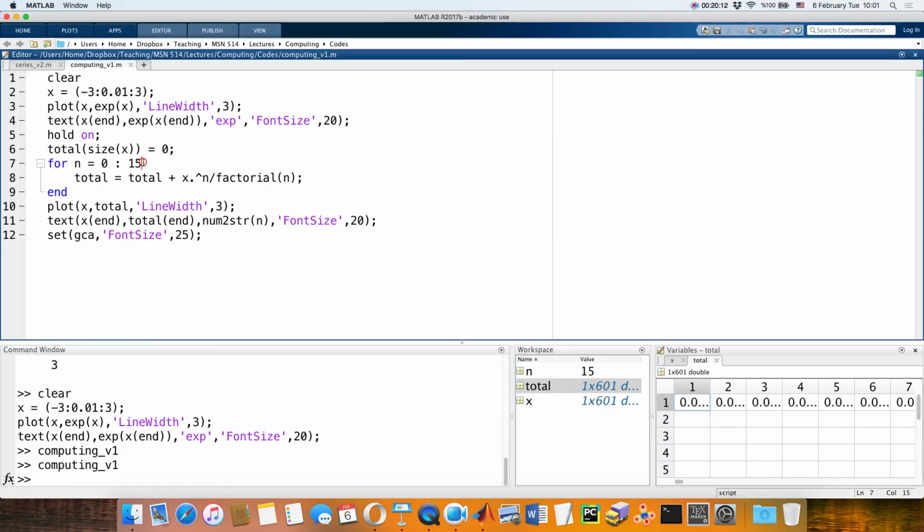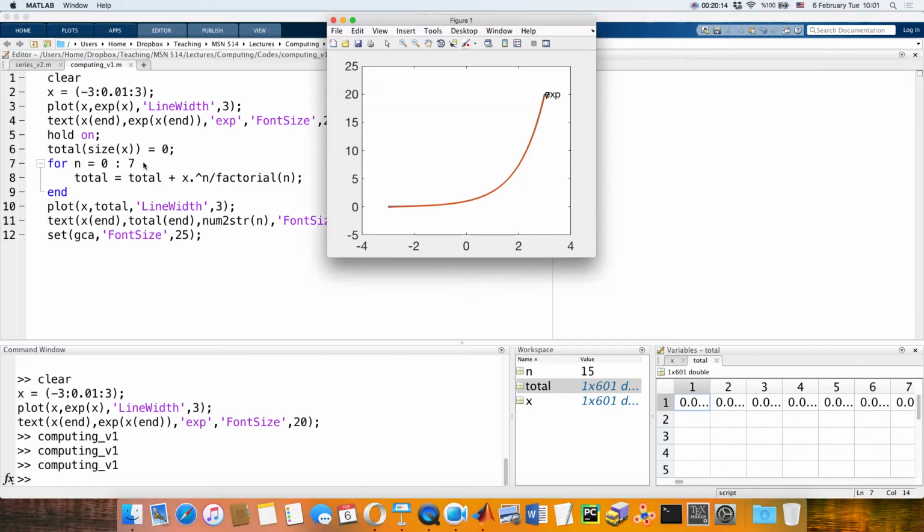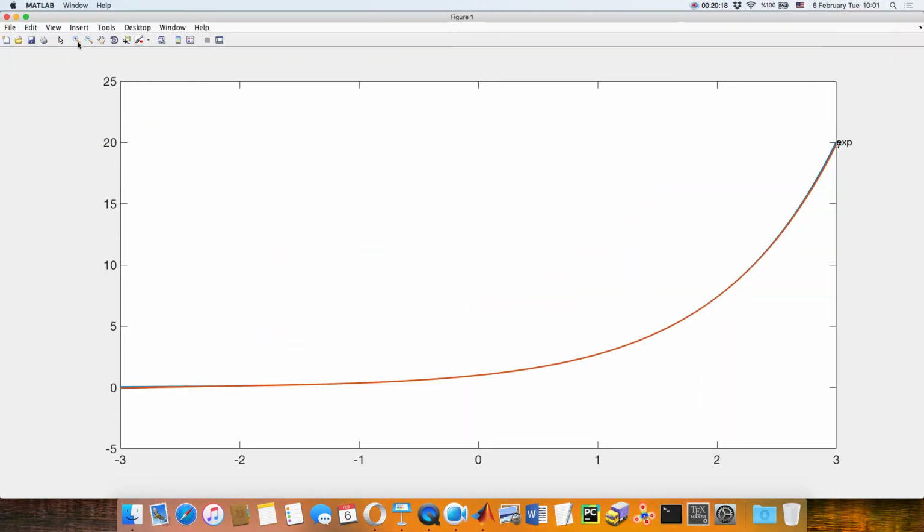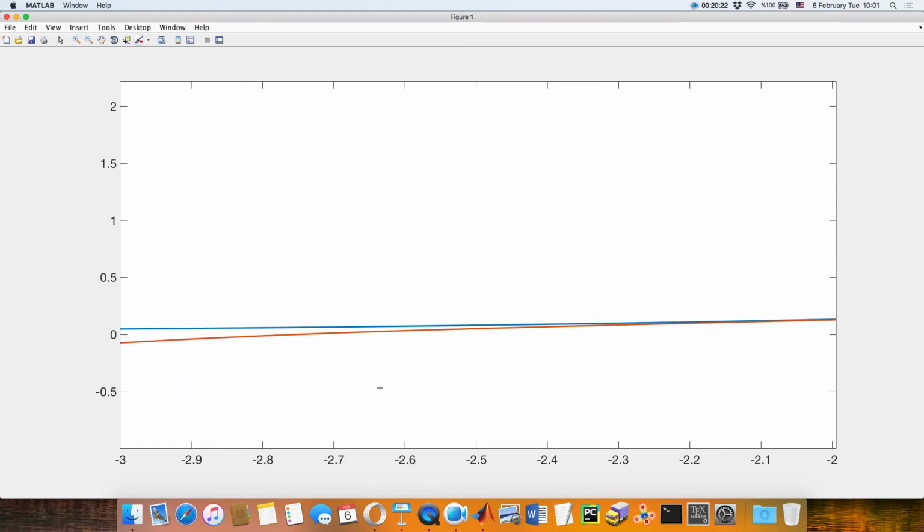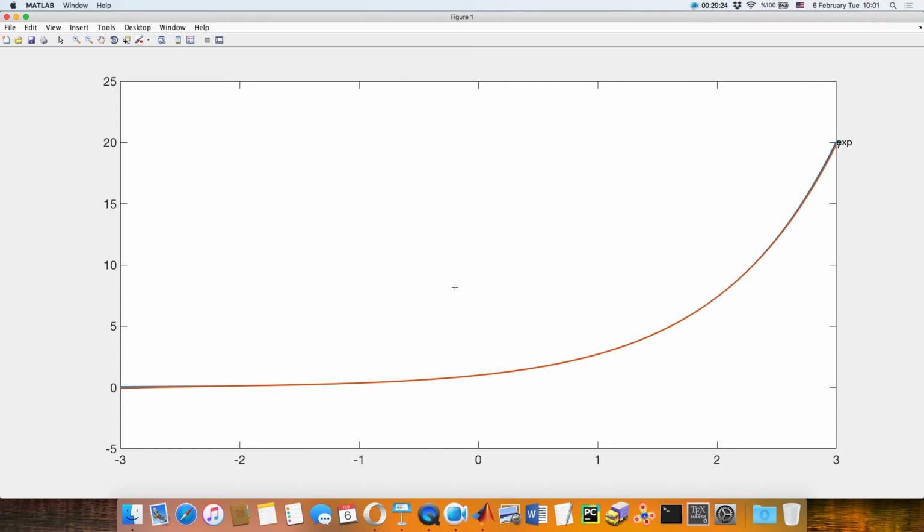Let's do it for 7, and maybe there is a tiny bit of deviation over here, right? But as you keep putting terms, it will approach the exponential. Okay.